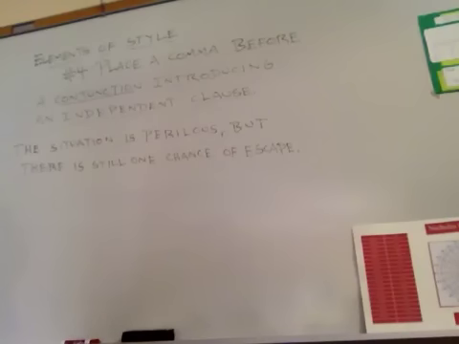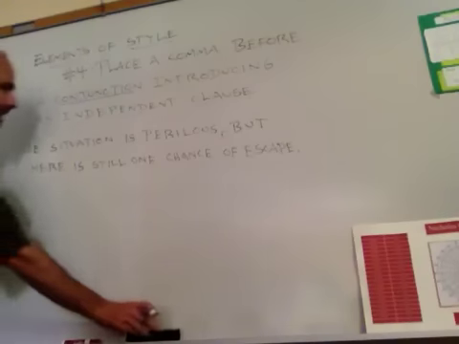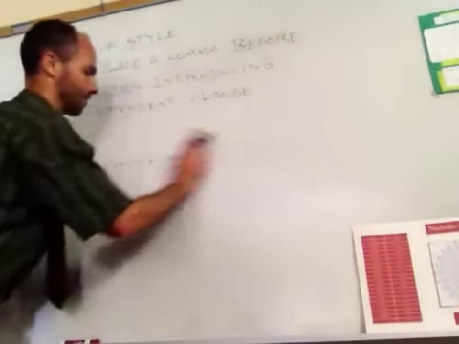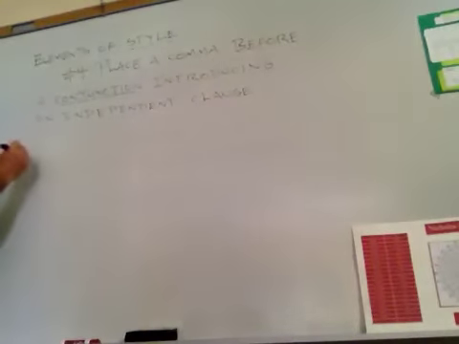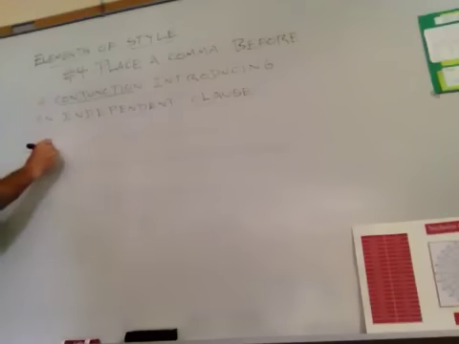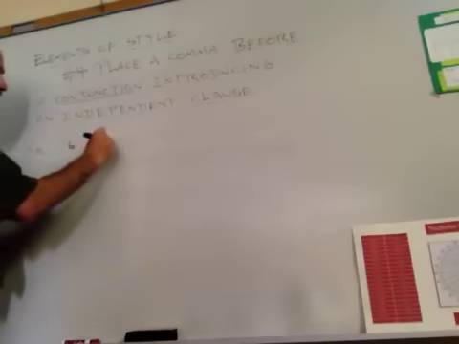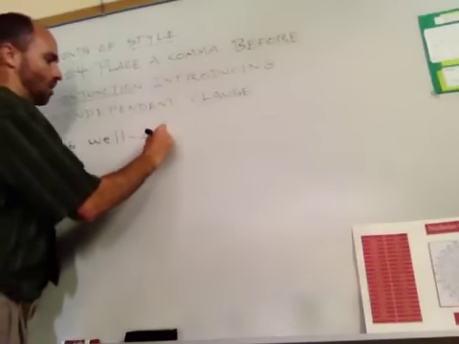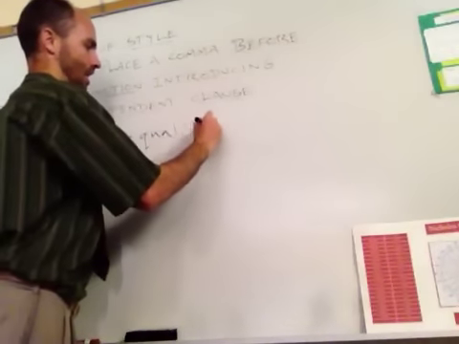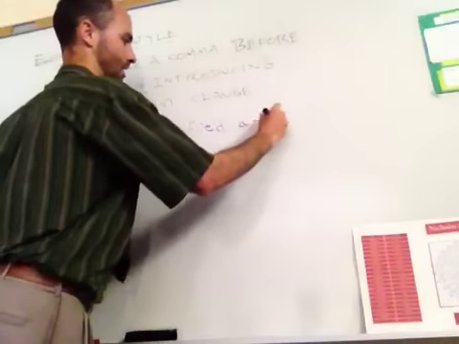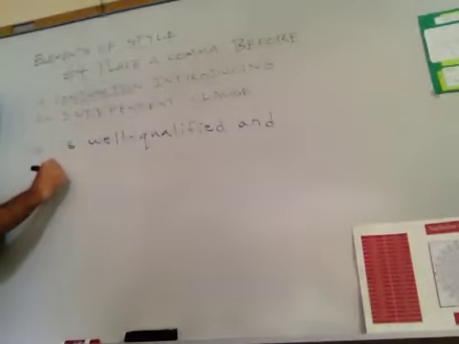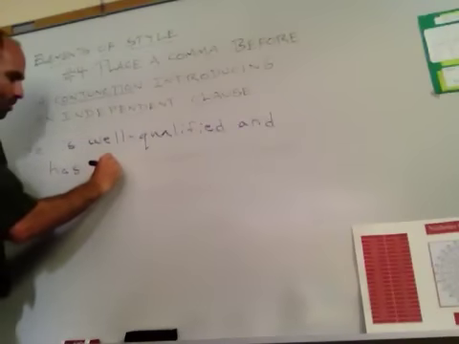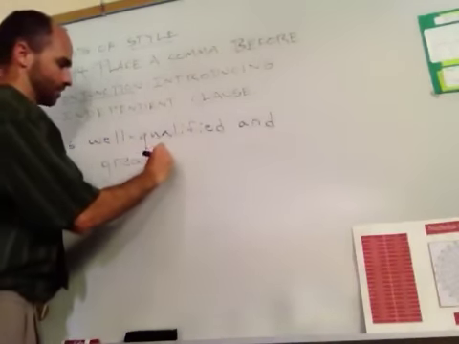However, you could have 2 different independent clauses with just one subject. Let's look at an example. If I said something like, he is well qualified and has great ability.